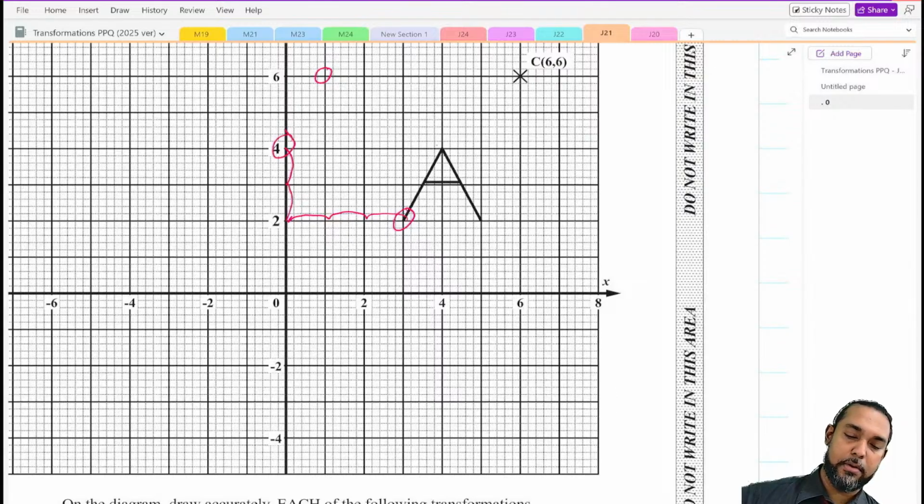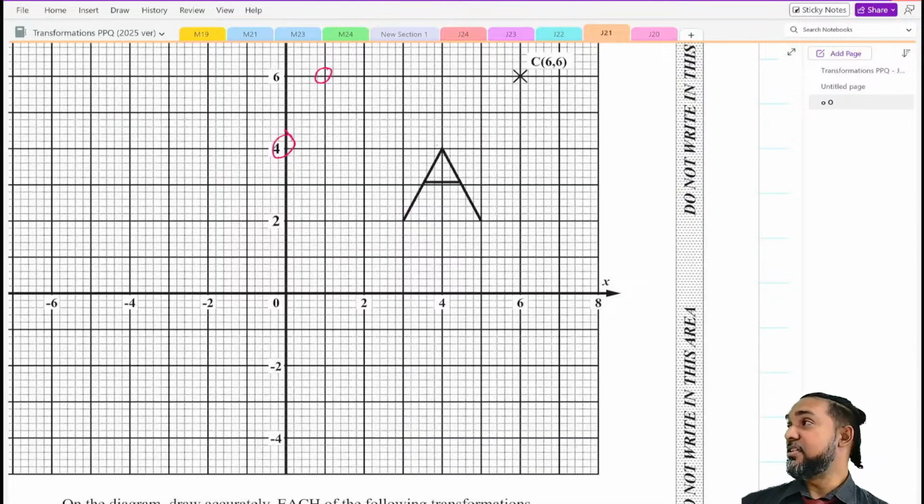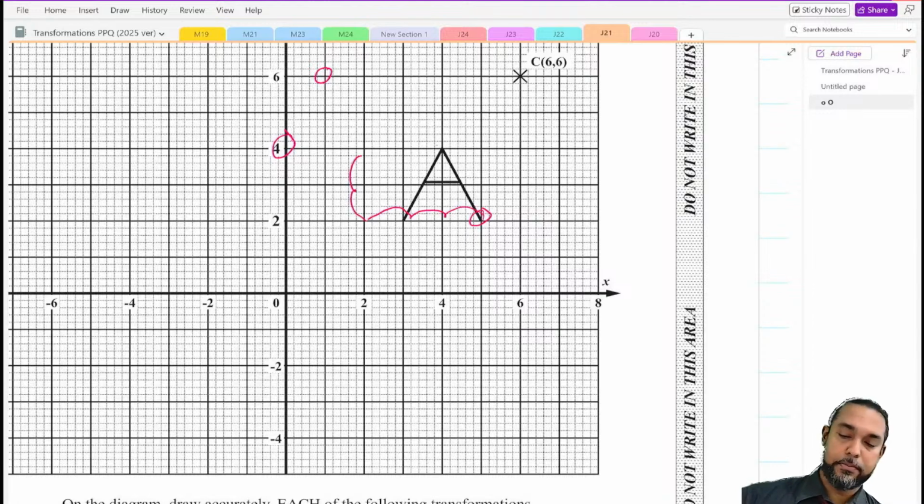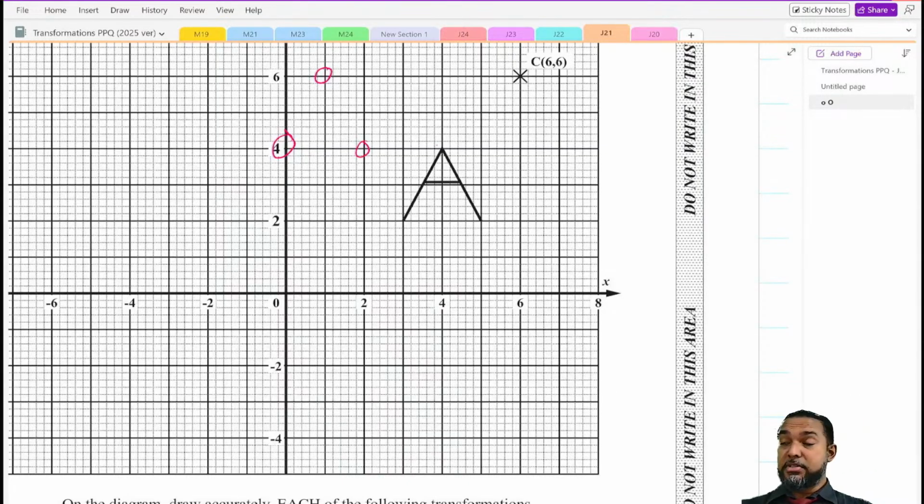So I'm going here. This is the easier one first. So this one: 1, 2, 3, up 2. If you find one point and you see how the shape is organized, you could draw in the rest.